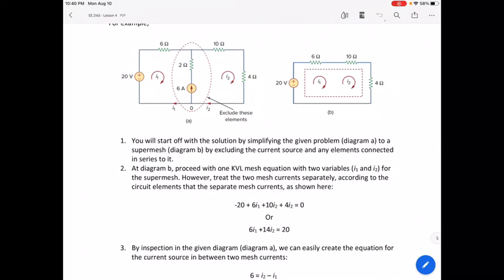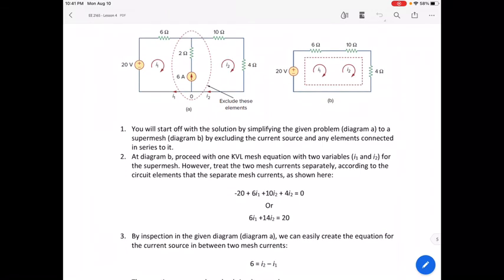So you will come up with a single KVL mesh equation, but with 2 variables, mesh current I1 and I2. We will use mesh current 1 for the 6 ohm resistor, but we will use mesh current 2 for resistors 10 ohm and 4 ohms respectively.